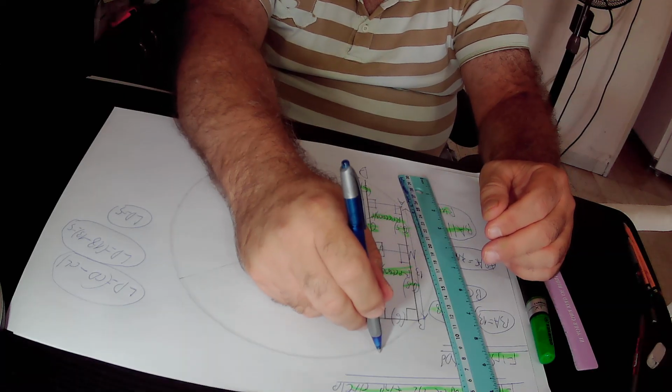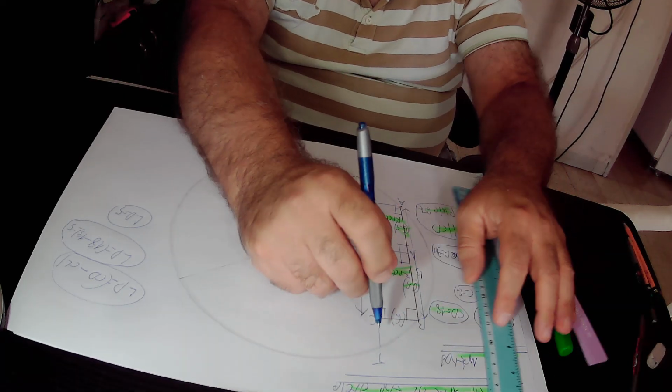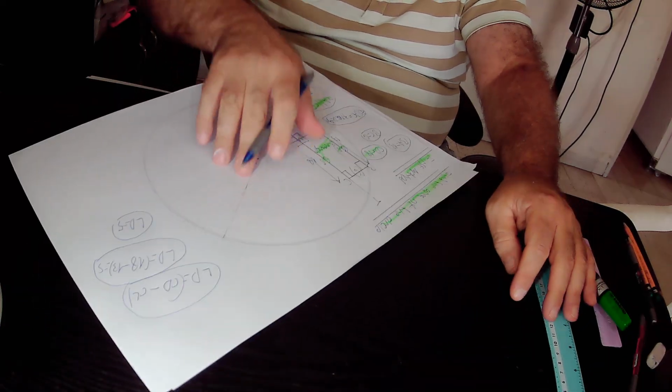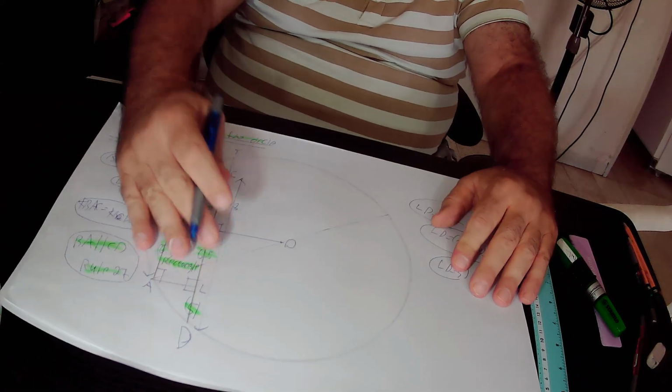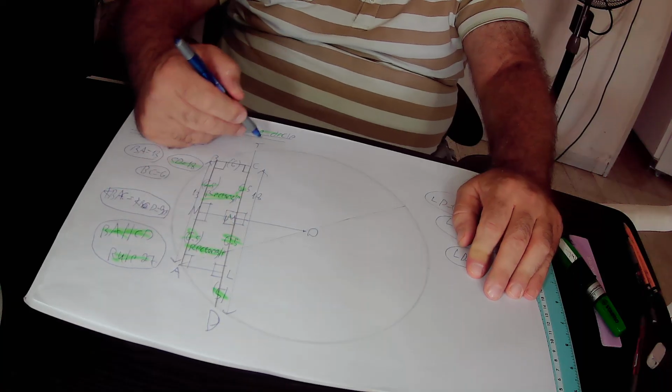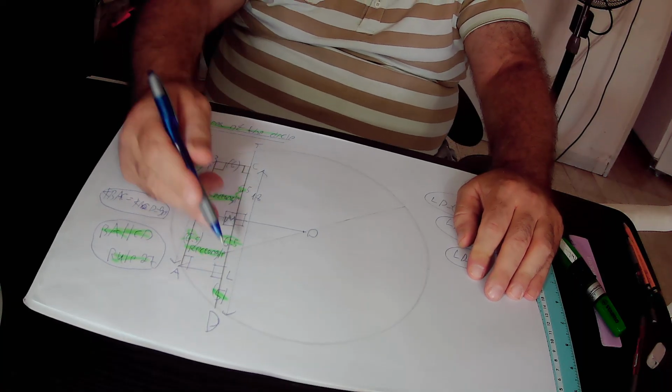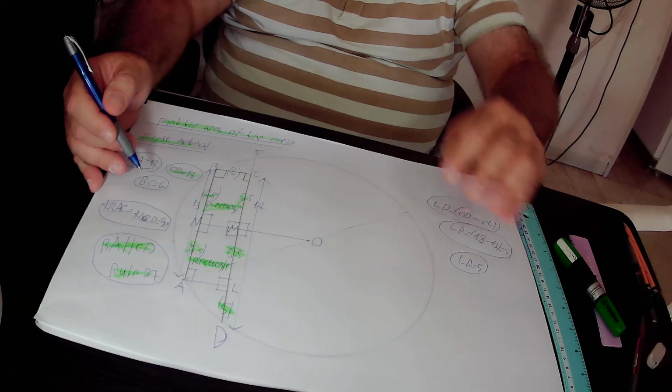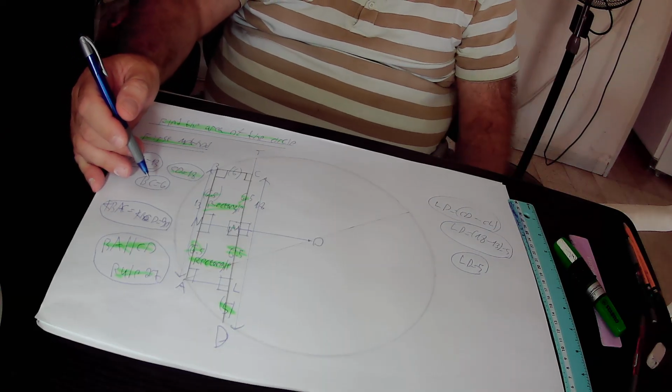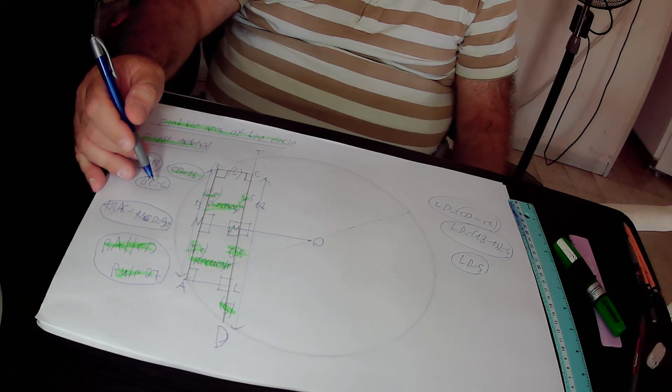This point is point T. By doing this construction, we create chord TD.